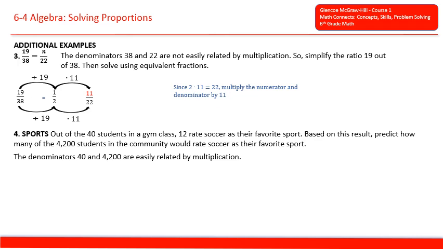So we have 12 out of 40 who rate soccer as their favorite sport, and we need to solve how many out of 4,200. So 12 times 105 and 40 times 105 equals 1,260 out of 4,200.